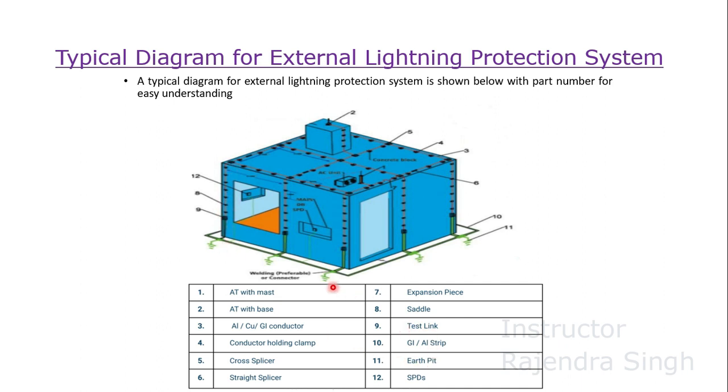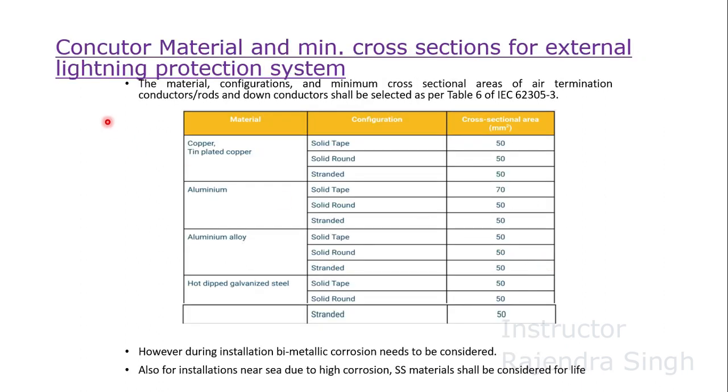In number 9, as we have mentioned, at almost 1500 mm from the finished floor level or ground, we have placed a test link to measure the continuity of the earthing link, lightning protection. And number 12, inside the switchboard which you see in the incomer, is a surge protection device. So this is how an entire external lightning protection system is designed.